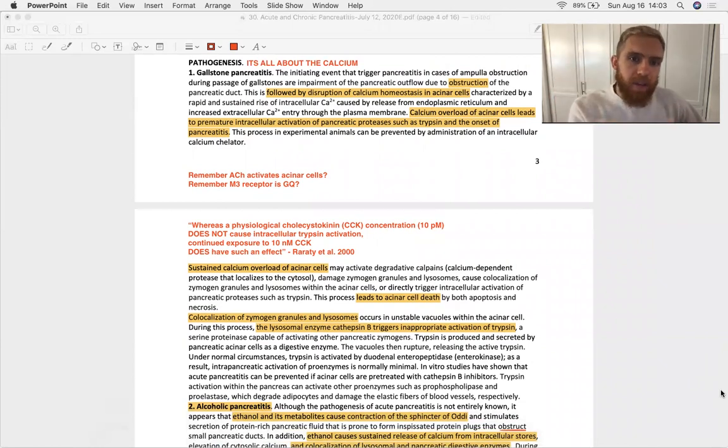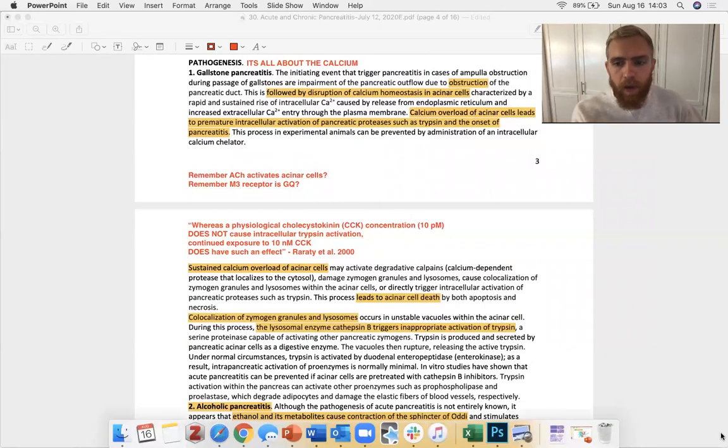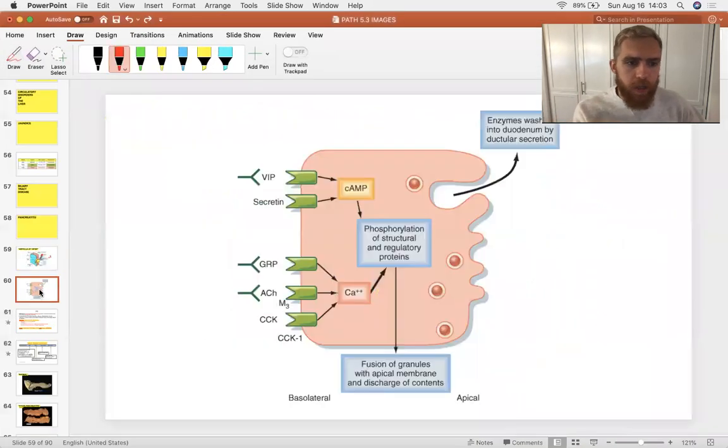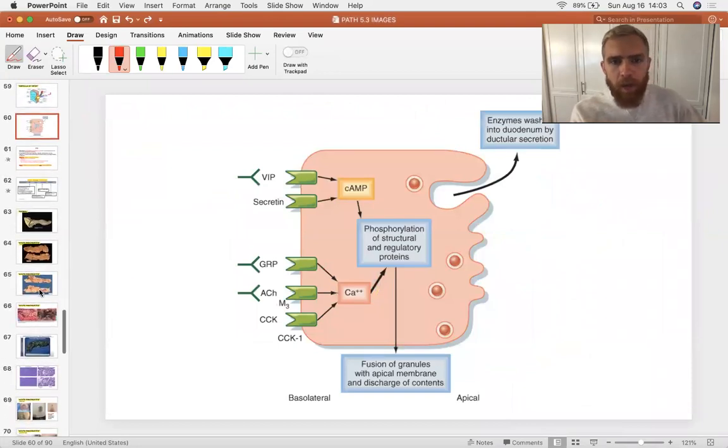Obstruction of the pancreatic duct leads to a disruption of calcium homeostasis in acinar cells. Calcium overload of acinar cells, those are the protease-making cells of the pancreas, leads to premature activation of proteases like trypsin and the early onset of pancreatitis. Now, I want to draw your attention to this particular diagram from cell biology that's showing you what's going on in the normal acinar cell.